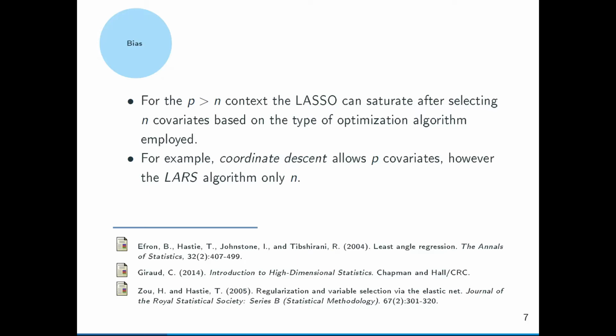For example, making use of an algorithm such as coordinate descent, which is implemented in the famous glmnet package of R, allows all the covariates to enter the model. However, other alternatives, such as the LARS algorithm, only admit n covariates before saturating the model.